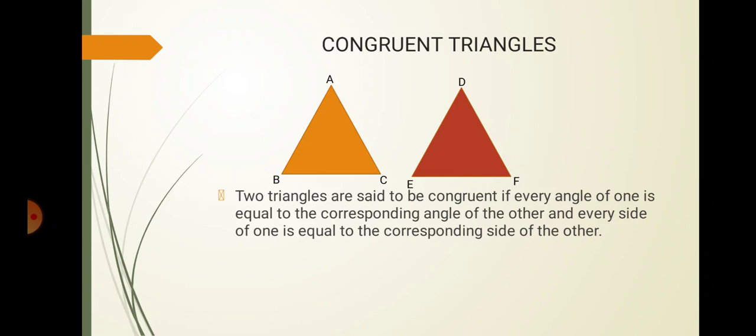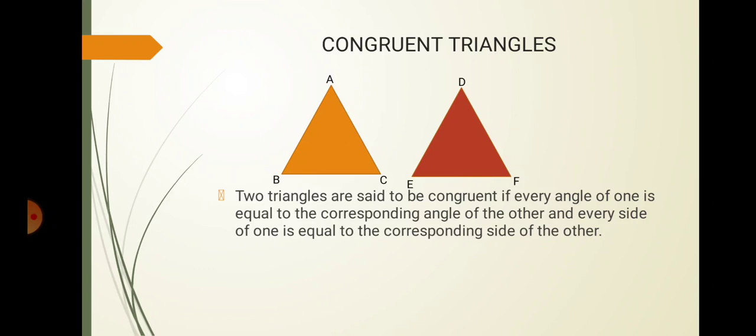As we all know, in triangle ABC, the sides are AB, BC and CA, and in triangle DEF, the sides are DE, EF and FD. If you want to prove the given triangles are congruent, then the length of AB should be exactly equal to the length of DE, and the same with the other two sides also.